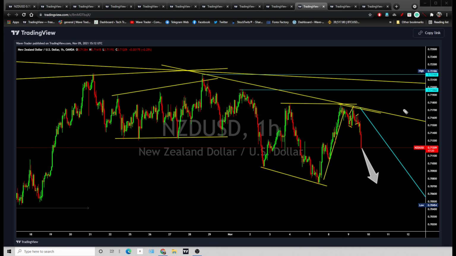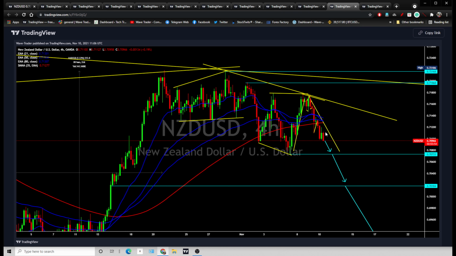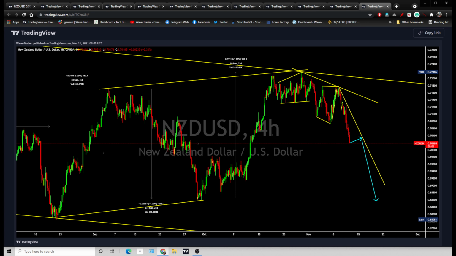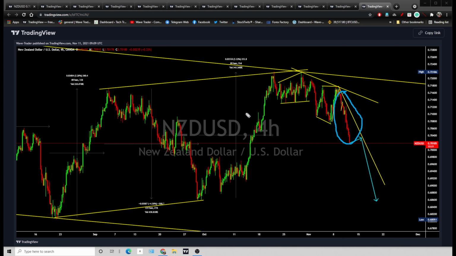We got a breakout, the correction was there, the breakout happened, and then we were expecting it to keep breaking down these lows and keep dragging lower. So we got a good drop on the Kiwi dollar at the end, and that drop was fueled by the higher inflation data in the US.